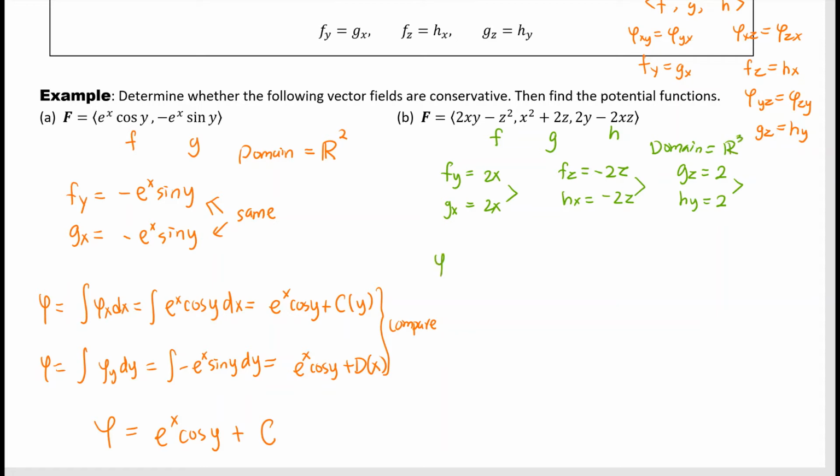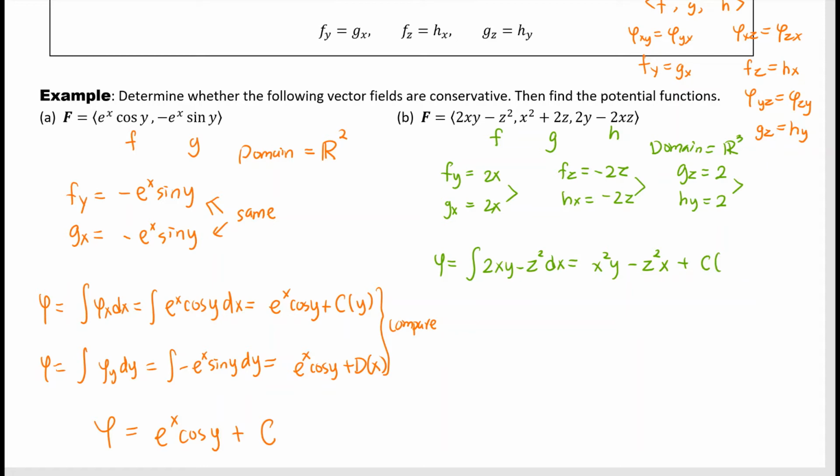Now what is phi? Well, this is like phi_x, phi_y, and phi_z. We can do phi_x, so the integral of 2xy minus z squared dx. We integrate with respect to x. The integral of 2x is x squared, so we have x squared y minus z squared x, plus a constant.